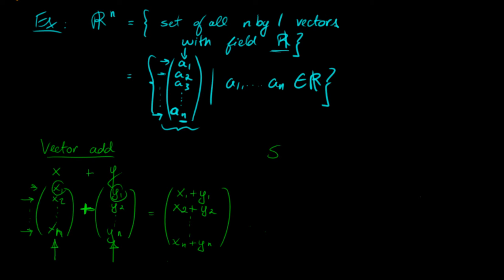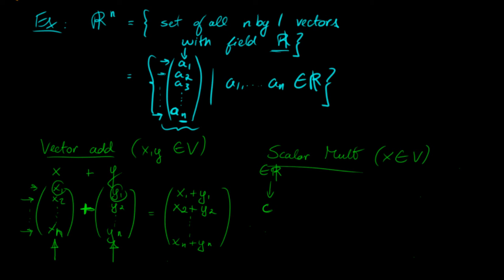What about scalar multiplication? Well, scalar multiplication is just as simple. If I take a scalar c that belongs to R. So I probably should have said, here x and y belong to V, and here c belongs to R, and again x belongs to V. Then c scalar multiplied by x is c scalar multiplied by x1 through xn.